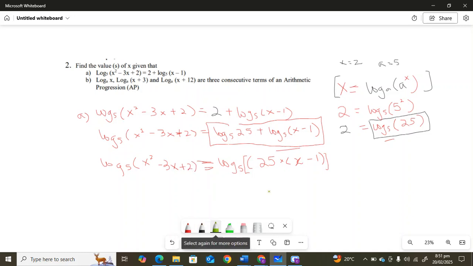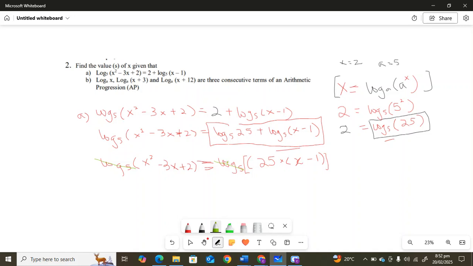Okay. So as I said earlier, once you've got the logarithms on both sides of the equation, you get rid of them so that you remain with normal algebraic expressions so that you can solve for the value of x.